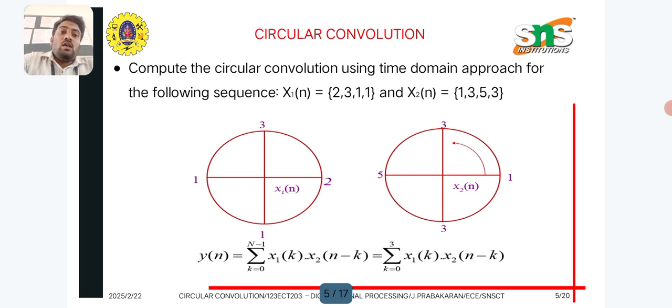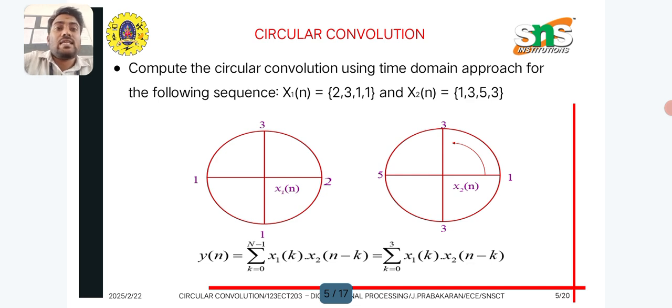Let me see the steps involved in the concentric circle method. First, you have to graph N samples of x1 of n as equally spaced points around an outer circle in counterclockwise direction.